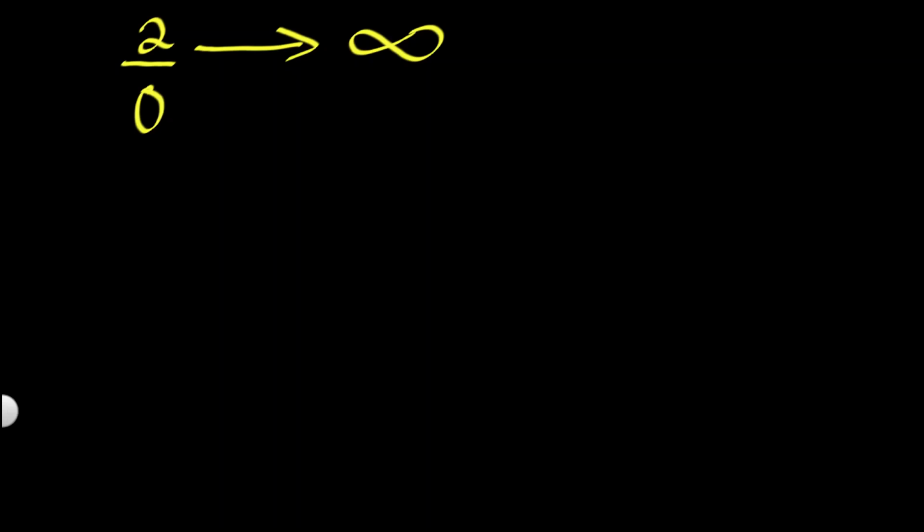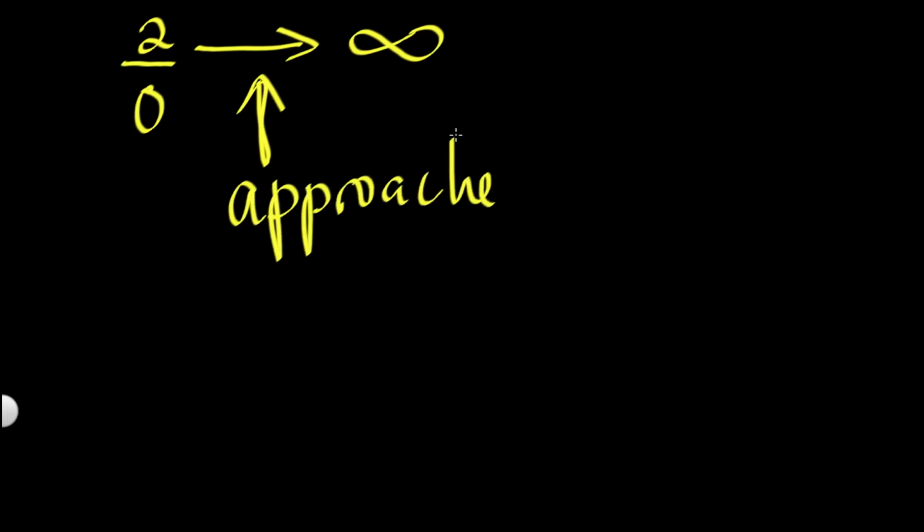So it's an indefinite answer. So we rather say approaches. So this arrow is saying approaches infinity. That is the best way of presenting this. 2 divided by 0 approaches infinity, or the value of the answer approaches infinity. That is what we mean.